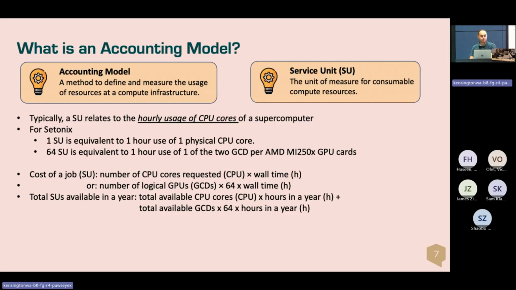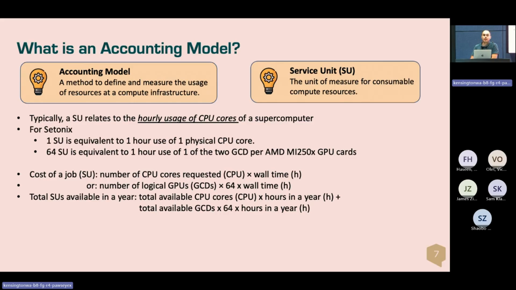At Pawsey, we retain the definition that for the CPU partition, one CPU hour is equal to one service unit. So every time you run your job for 1 hour on a CPU core, you consume one service unit. Instead, for a GPU, 1 hour use of one of the two GCDs of one GPU, to make it simpler, 1 hour use of one virtual GPU or GCD on Setonix is equal to 64 service units.